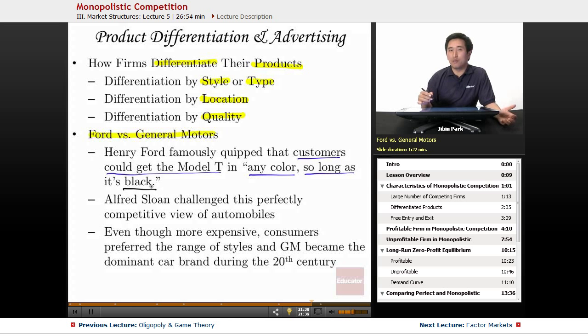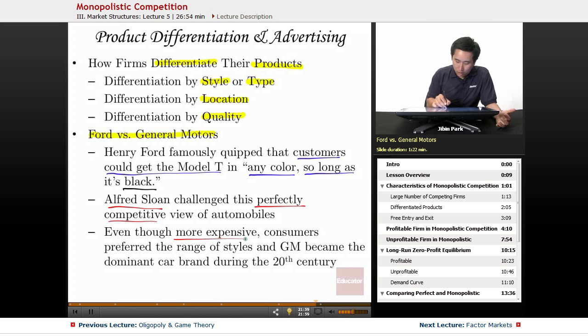And while the Model T was definitely an innovative product, and prices went down so much that the average American household could afford a car, in the 20th century, the Ford actually was not the dominant car. It was GM. And the reason why is that Alfred Sloan basically challenged this perfectly competitive view of automobiles.